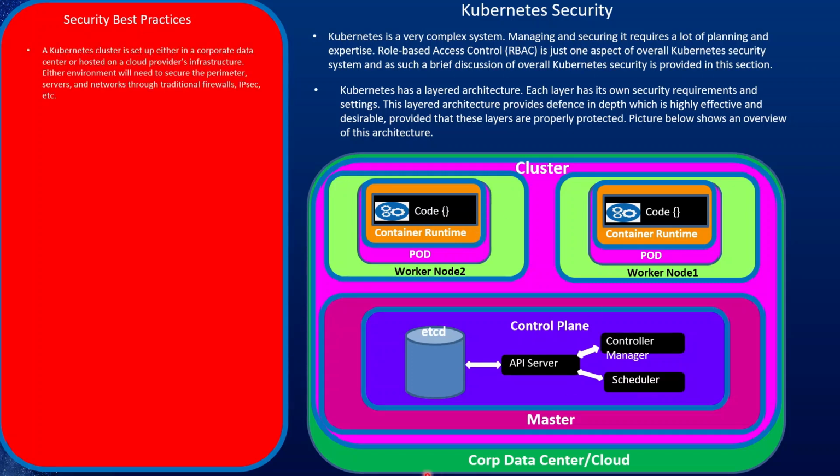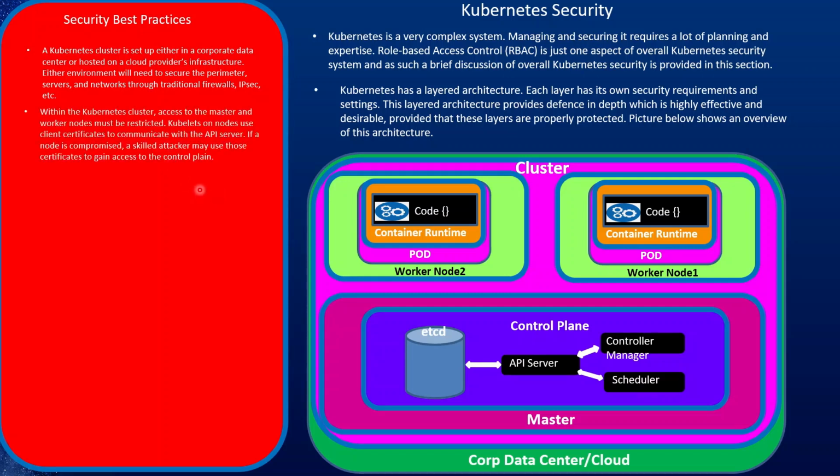Regardless of whether the environment is hosted internally or in the cloud, the access to the cluster must be protected through traditional firewalls, IPsec, etc. Within the Kubernetes cluster, access to master and worker nodes must be restricted. Kubernetes nodes use client certificates to communicate with the API server.